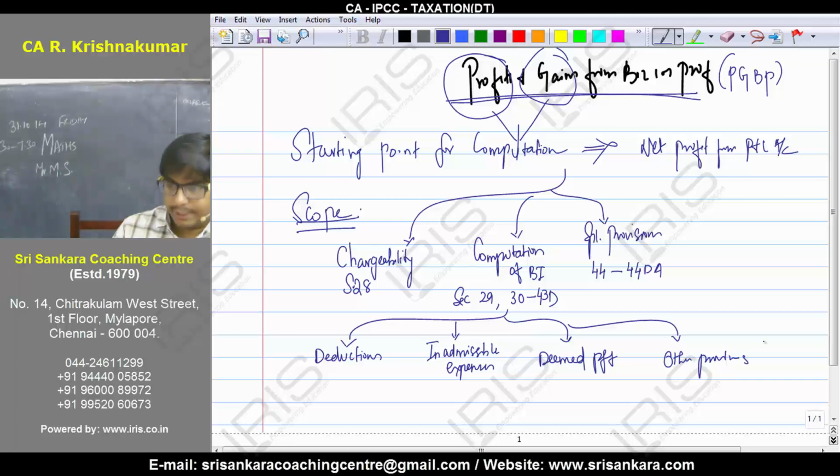Deductions are section 30 to 37. Inadmissible expenses are section 38, 40, 40A, 43B.